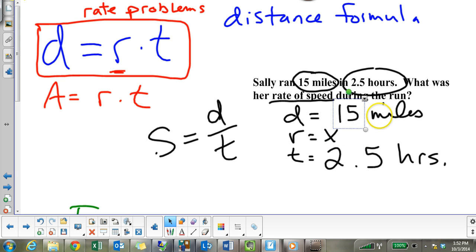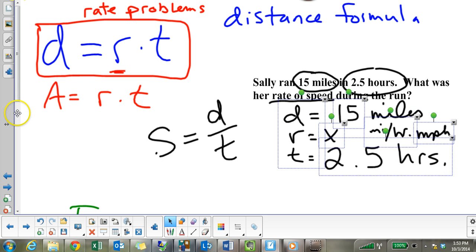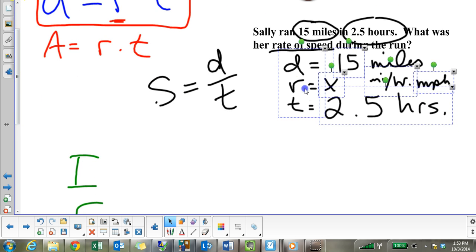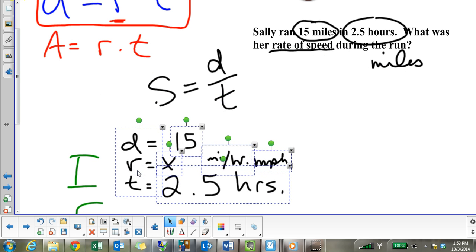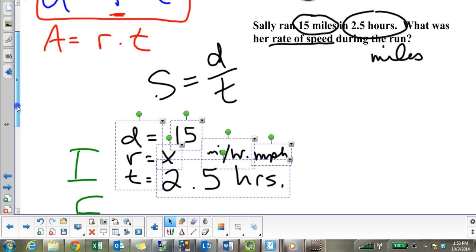And then they all have to match, so the label on rate of speed is going to be miles per hour, or you could say mph. So that is identifying the variables or parts of the problem. All of that would go as my first step, the I step in IFSMU.